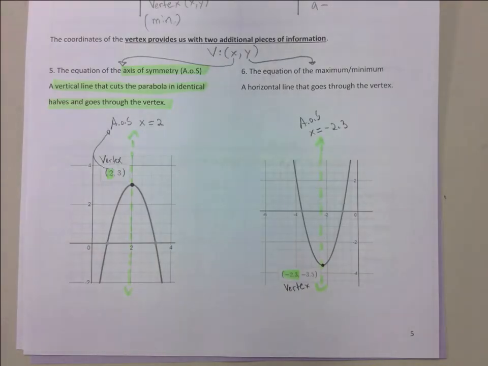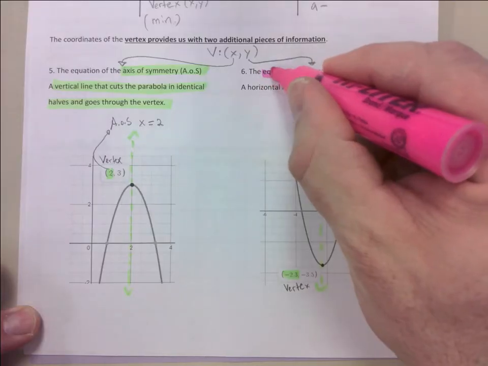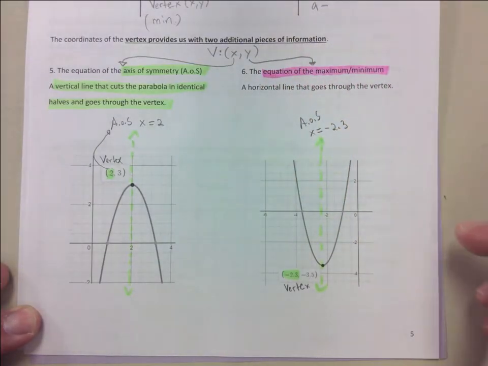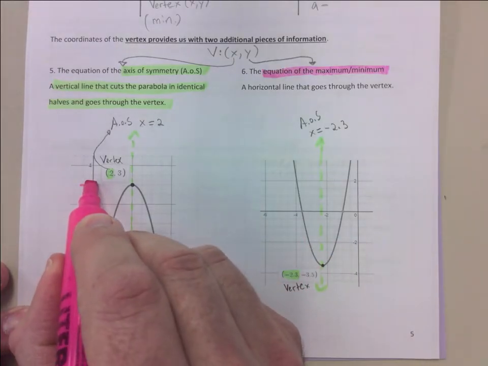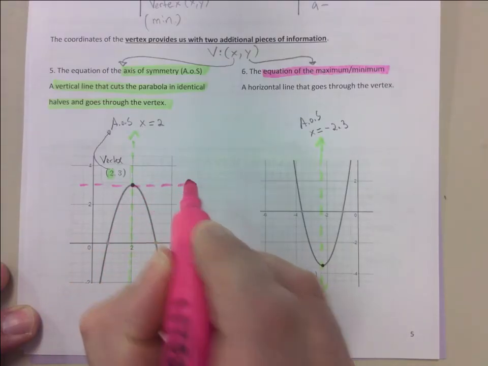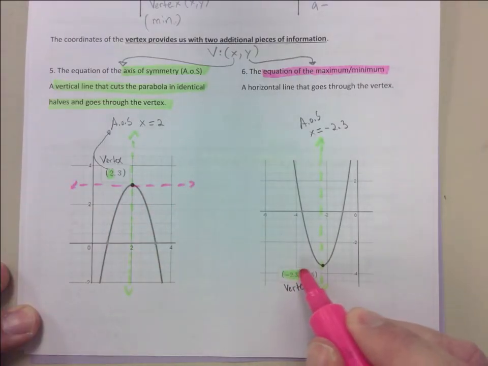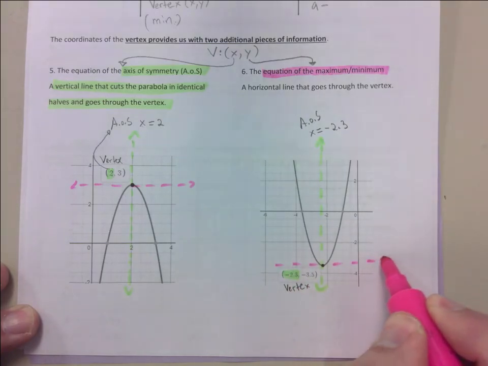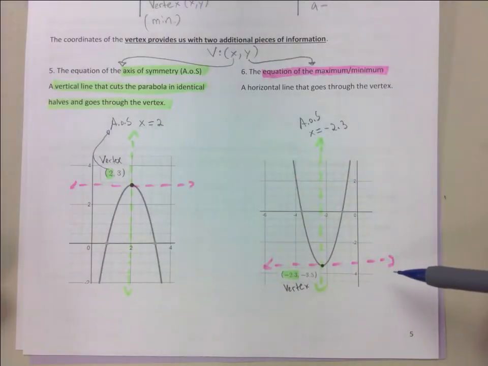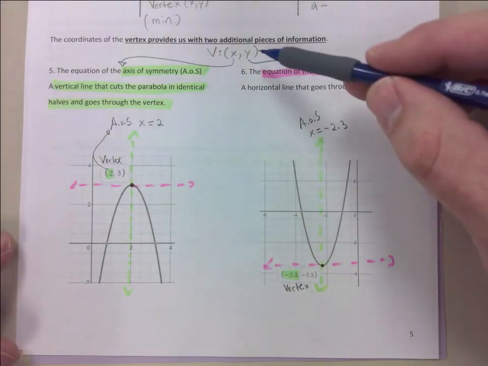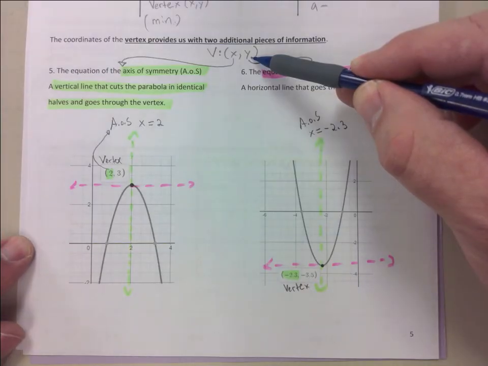And the second number gives us another line, and I'm going to use pink for that one. It gives us the equation of either the max or the min. It's a horizontal line also going through the vertex, and it is given to me by the y value of the vertex.